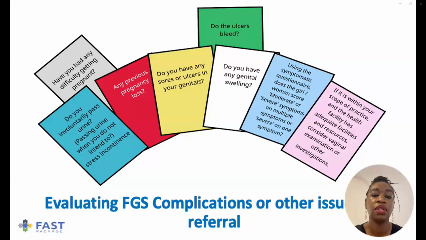And when it comes to the urinary tract, because of the granuloma formation and fibrosis, it can lead to involuntary passage of urine. As you can see, the first question on the left is, do you involuntarily pass urine? In simpler terms, passing urine when you do not intend to.